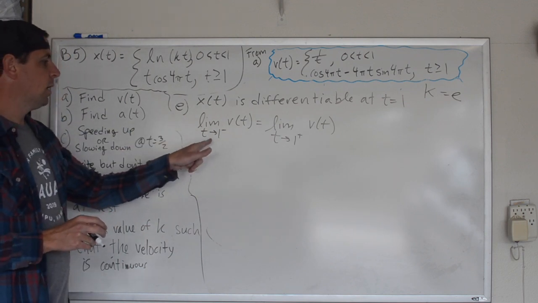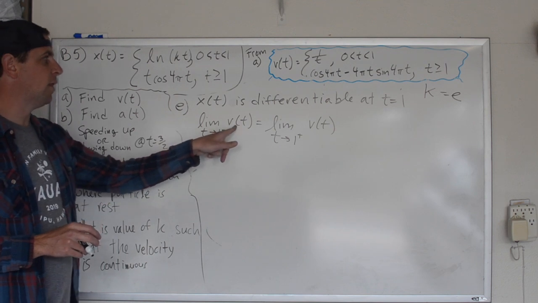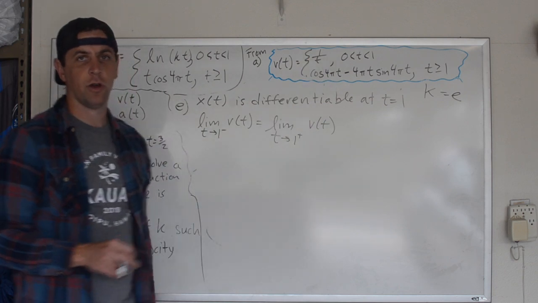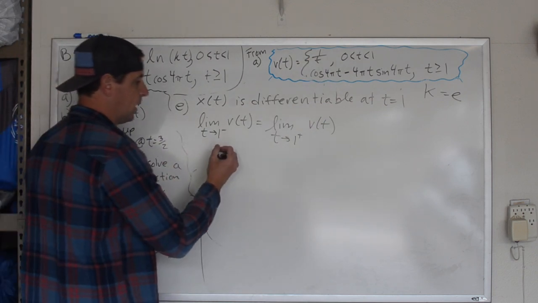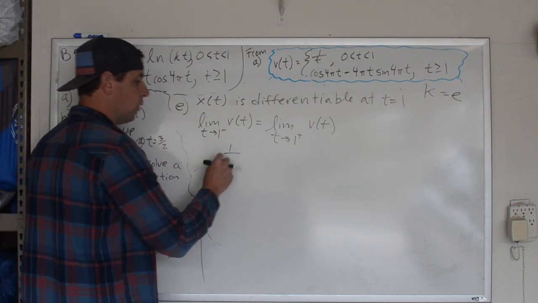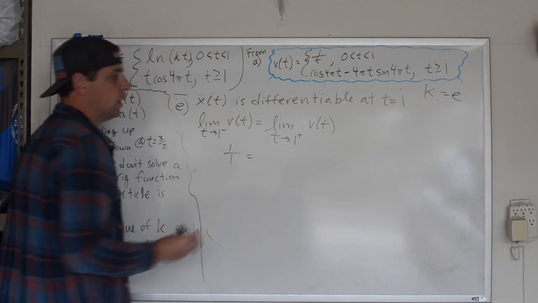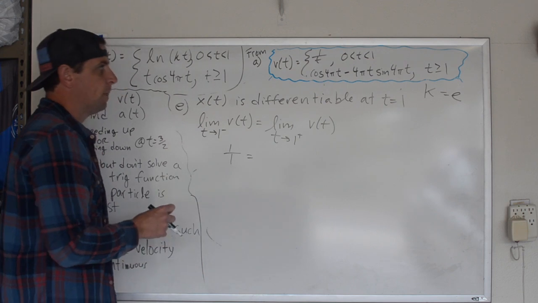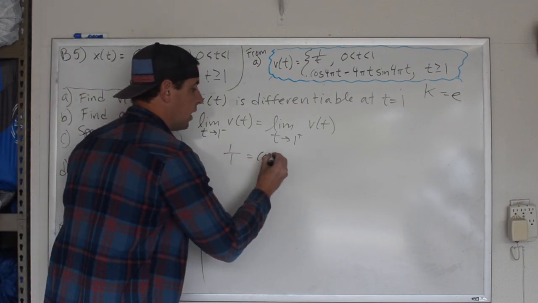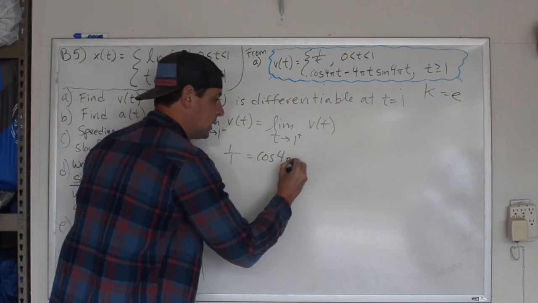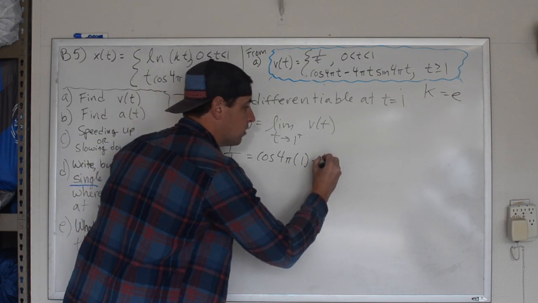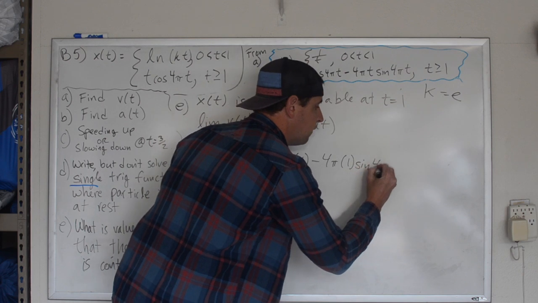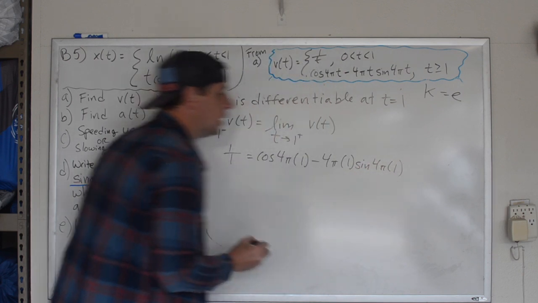So when I do that, the limit as t approaches 1 from the left would be using my velocity function. I'll try direct substitution first, putting in 1 here, which would be 1 over 1. And when I put 1 into the second function, it would be cosine of 4 pi t, which is 1, minus 4 pi times 1 times sine of 4 pi times 1.